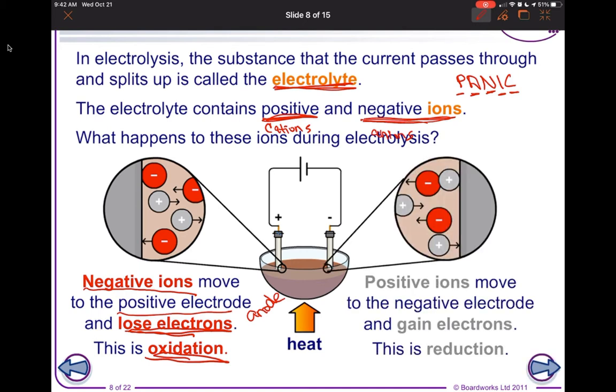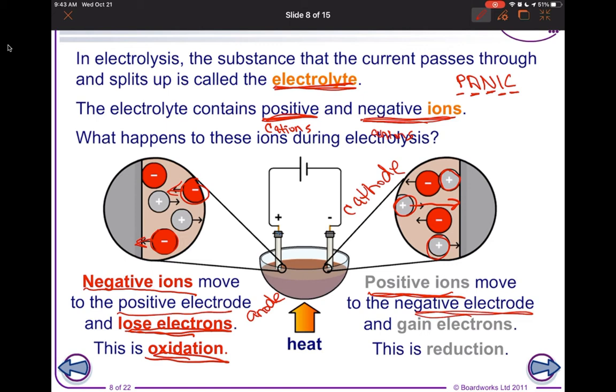All right, now at my negative cathode, so here's my little cathode, it's negative. My positive ions are going to move toward that negative cathode because opposites attract. So you'll see here my positive ions are all moving toward my negative cathode. And in this little bubble, you see that my negative anions are moving towards my positive anode.